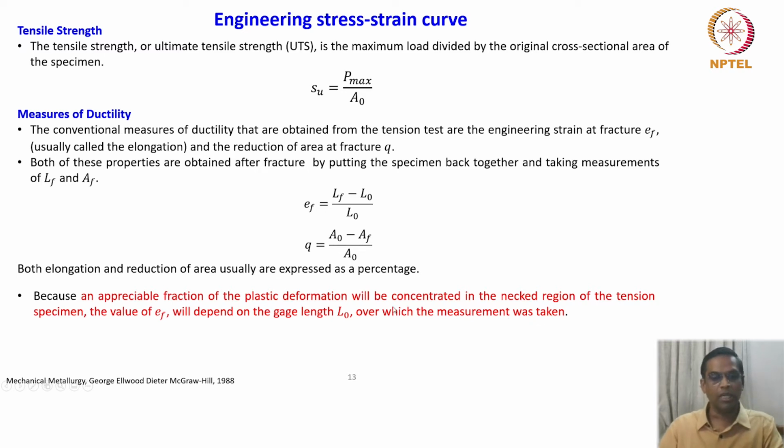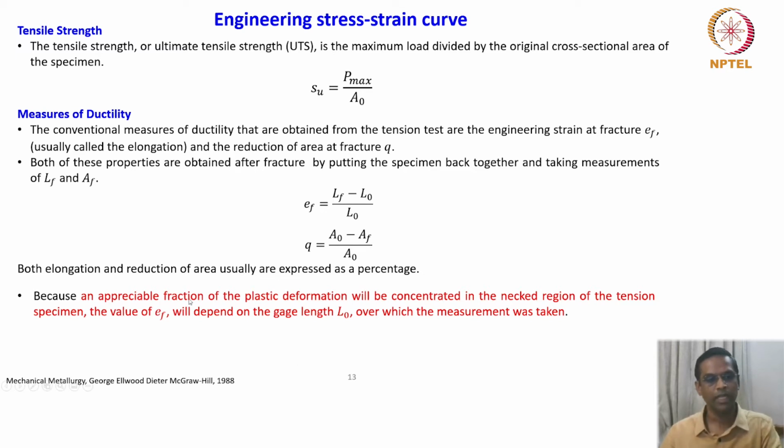Just because necking takes place, we will see the importance of necking and how it captures some of the basic properties of the material. We are going to see it. But we are now looking at the ductility parameters, and considering elongation as a ductility parameter is an issue.